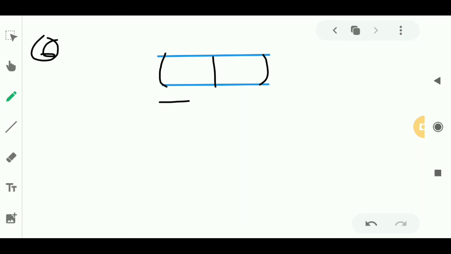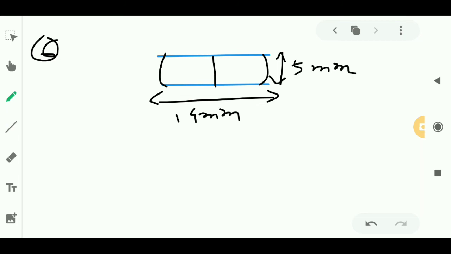So here it is given that the length of the whole capsule is 14 millimeter, and here the diameter is given, I think. Diameter of the capsule is given 5 mm. We need to find out the surface area. So what is given, we are going to write that first. First we will write the diameter. Diameter of capsule.